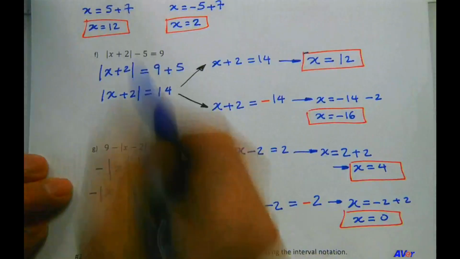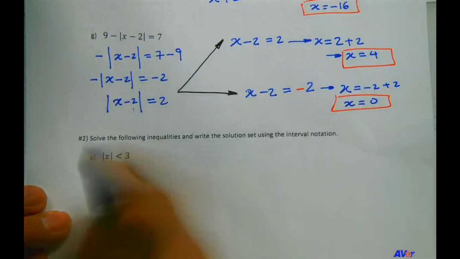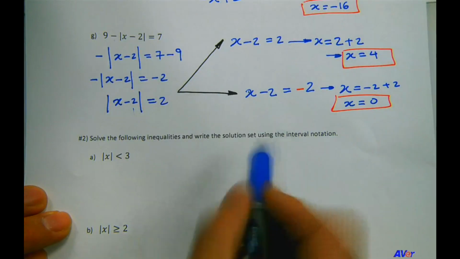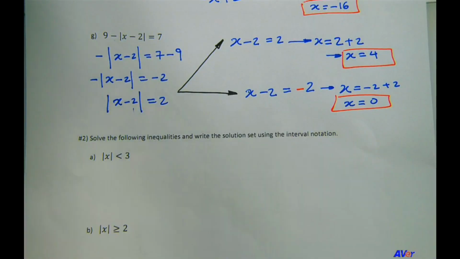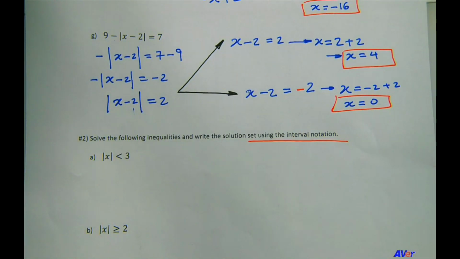before, when we were solving absolute value equalities, the question didn't ask for us to put the answer using the interval notation, but here they're asking that. What is the reason? How come all of a sudden we get a question like this when the previous one didn't ask for that?